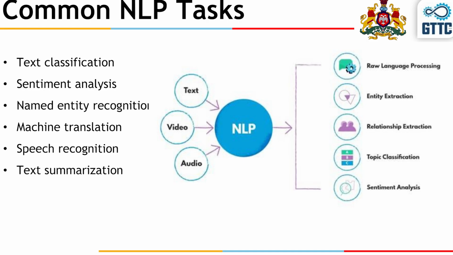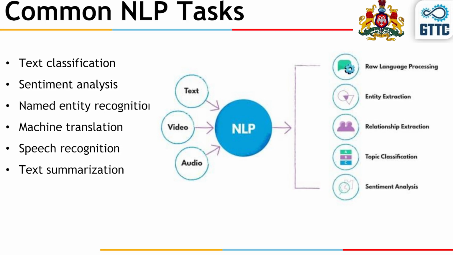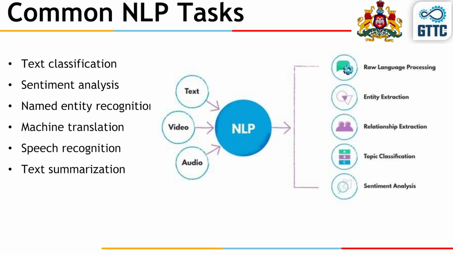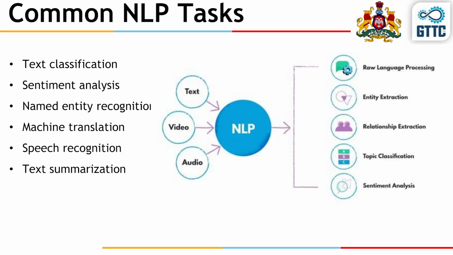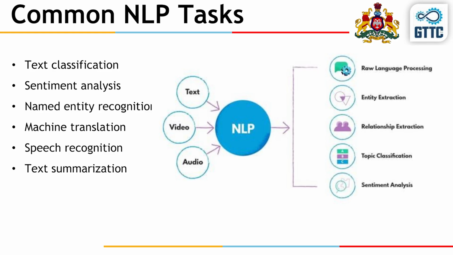Text classification is assigning predefined categories to text. For example, if you get an email, by reading the email, it can classify whether it is a spam email or not spam.